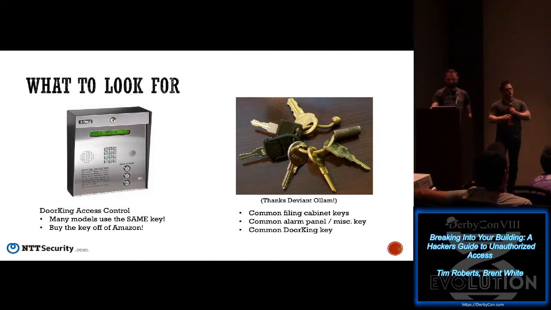But basically, this key is used for jukeboxes, RVs, security panels, many things, and they're usually keyed the same. So just by having this, you have a good chance of being able to open numerous things. Same thing with these common filing cabinet keys, and then, as I mentioned, it's basically like a master door key.